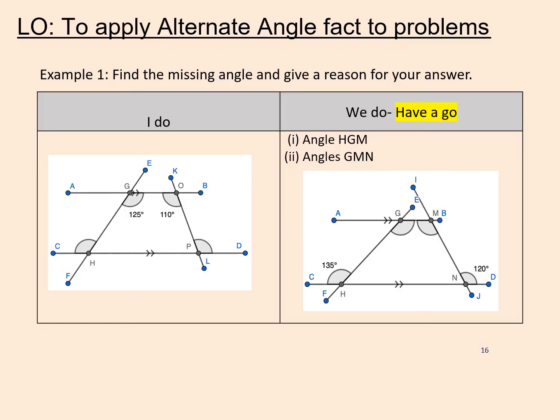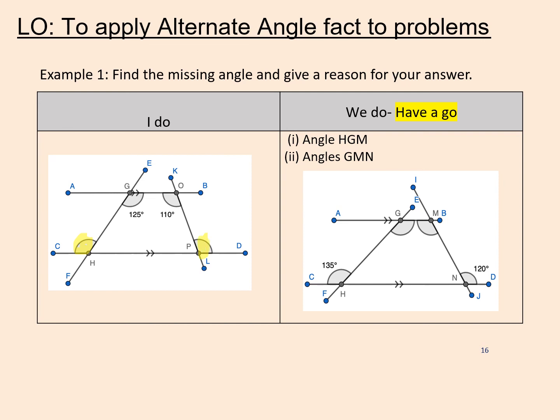Okay, so we're going to apply those rules now to these facts. If you haven't written them down, pause it, go back and write down those angles. That's really going to help you with these examples. And I do want you to have a go. It's asking me now to find the missing angle or give a reason. So it wants me to find out this angle here and then this angle here.